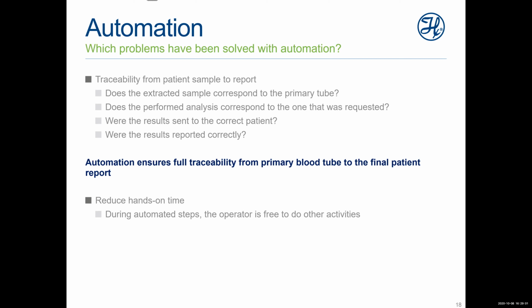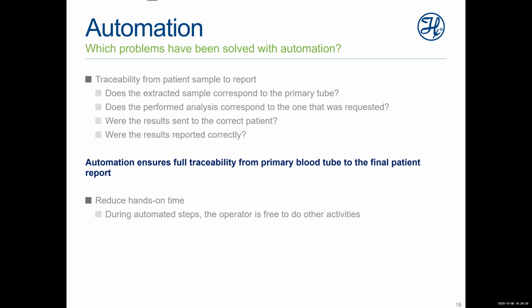And then another important question: were the results sent to the correct patients? Because if we have to enter the results by hand, we can just skip a line or enter the same results twice, and then all the patients, or a part of them, or just one, will receive the wrong results. That is not acceptable in a laboratory, and we have to do everything to avoid this.